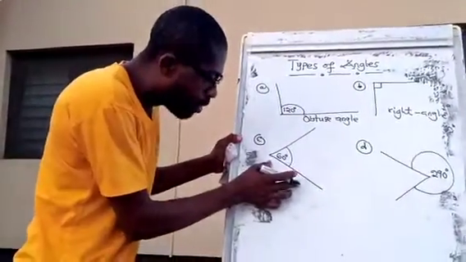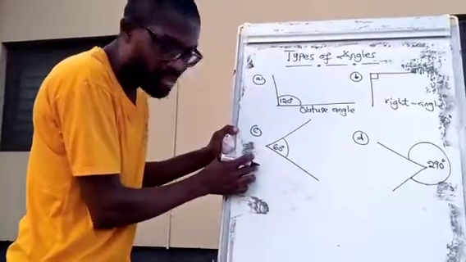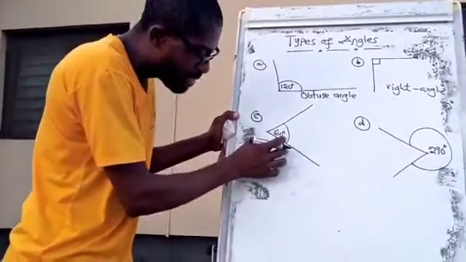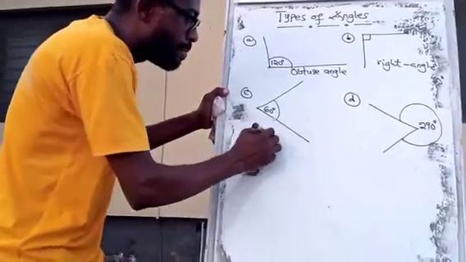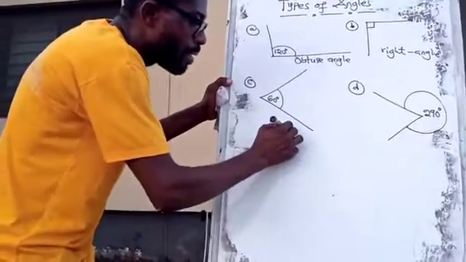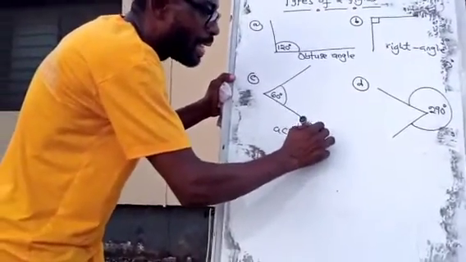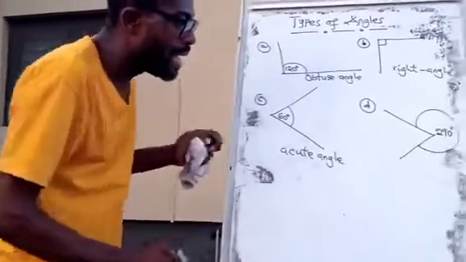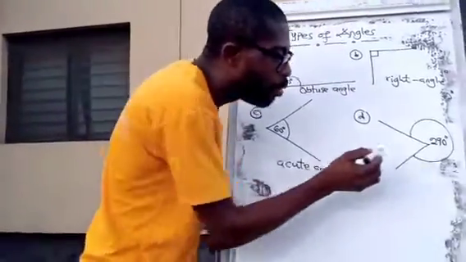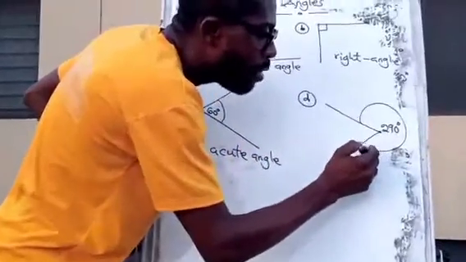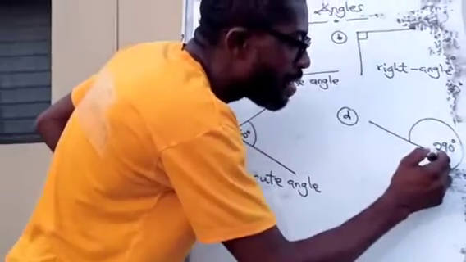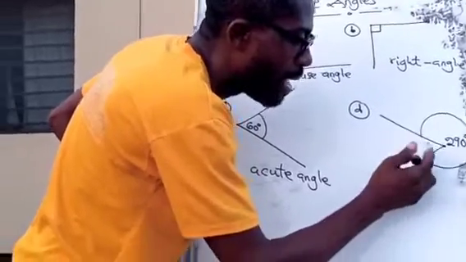Then this angle also forms 60 degrees. It means it falls within the range of 0 and 90. So we term this as an acute angle. Then let's look at this. This angle moves around the 60 degrees that we have here.